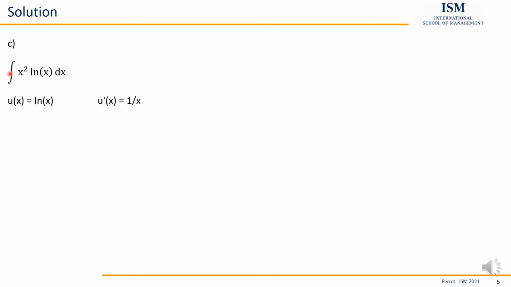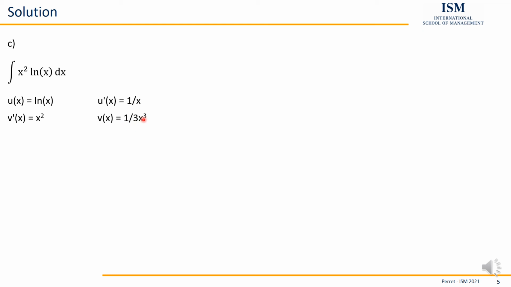So mentioning this, we select as u ln of x, making it simpler in regards to the other function, where we then get as a derivative 1 by x. And as the derivative of v, we take x squared. And here the primitive is 1/3 x to the power of 3.